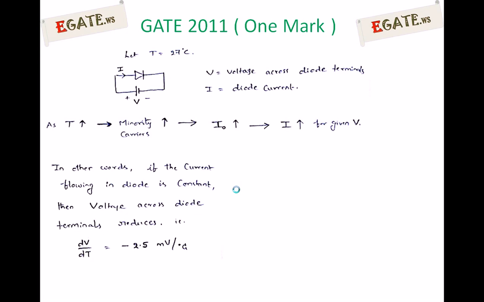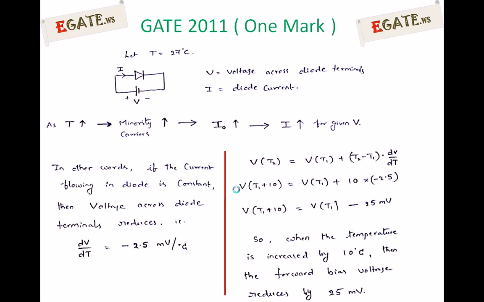Now, if we calculate for every 10 degrees centigrade, what happens? Assume V of T2, at a higher temperature, is equal to V of T1 plus (T2 minus T1) into dV by dT. The temperature increases by 10 degrees centigrade as asked in the question, so T2 is replaced with T1 plus 10.